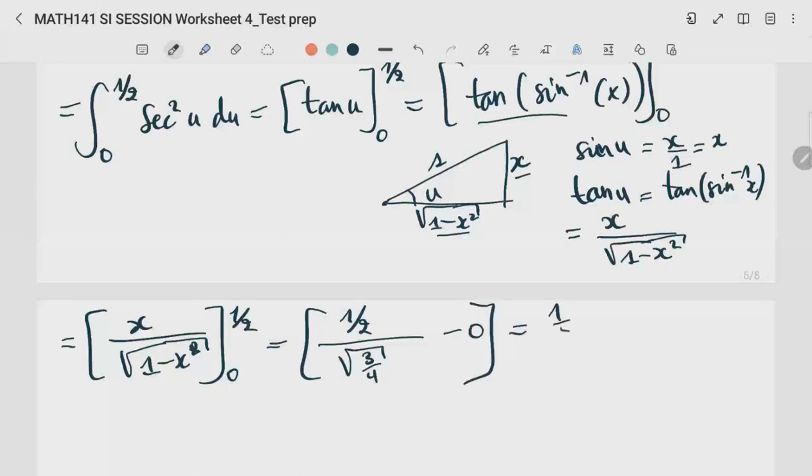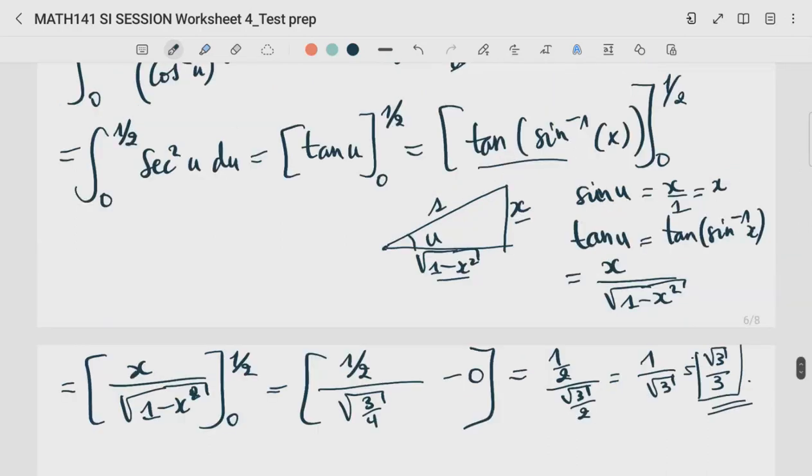And you have half over the square root of 3 over 4, which is just half over root 3 over 2, which is basically 1 over root 3, which is root 3 over 3. Good. And that should be the final answer there. Any questions?